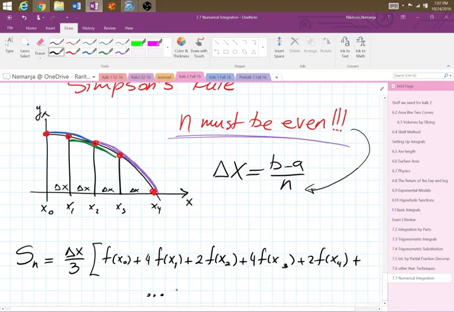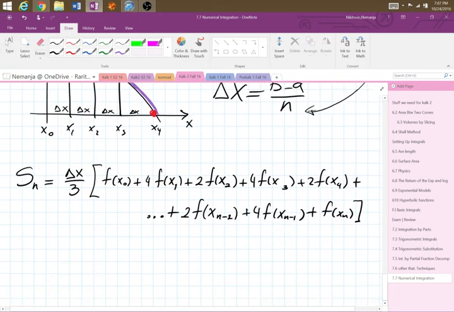So the pattern continues. It goes 1, 4, 2, 4, 2, 4, 2, and I'm going to have 2 f of xn minus 2 plus 4 f of xn minus 1 plus f of xn, the last point. Again, no coefficient there, well, coefficient is 1.